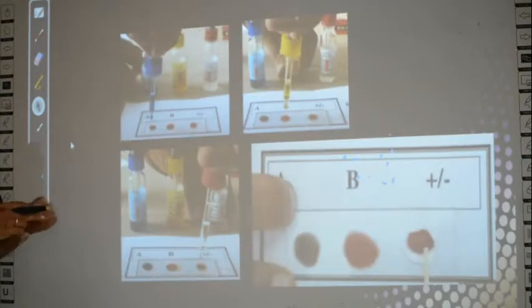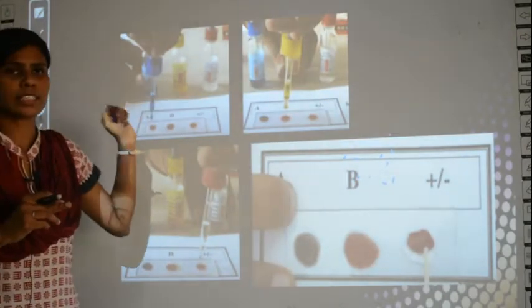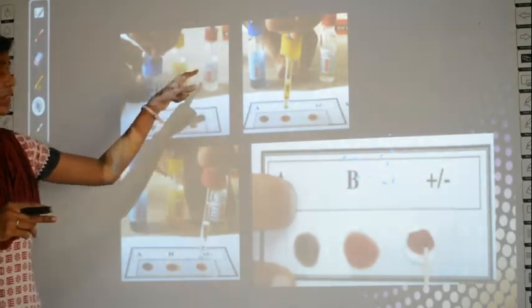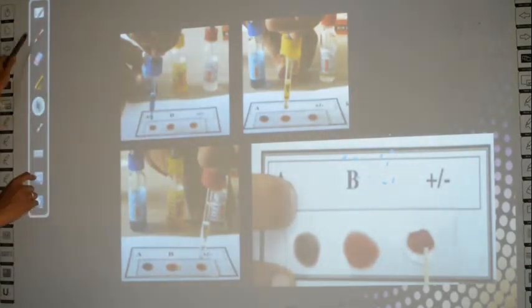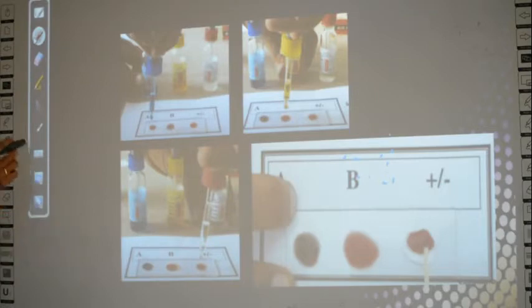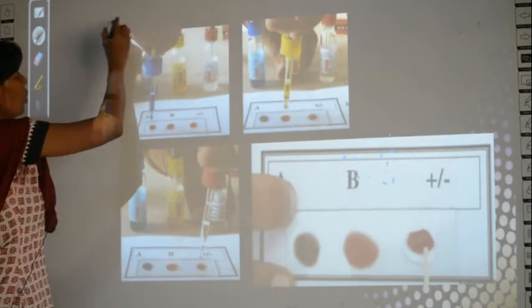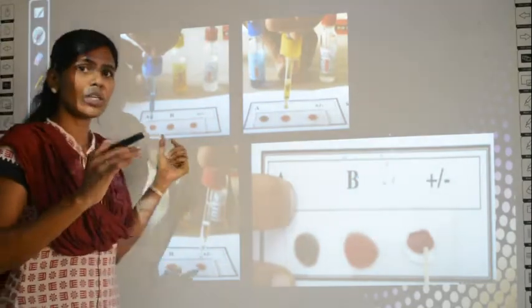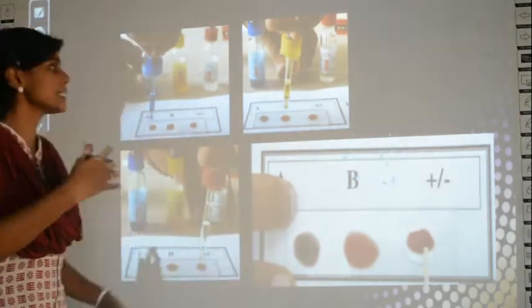Then there are 3 bottles. Can you see? Blue, yellow and white color. What will they have? The first bottle will have antibody. All of them are antibodies. Your blood will have antigen and you are going to test it against the antibodies.